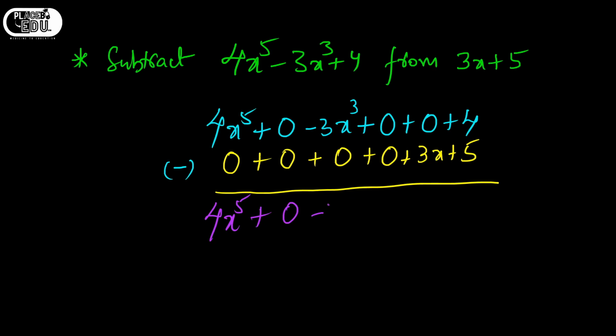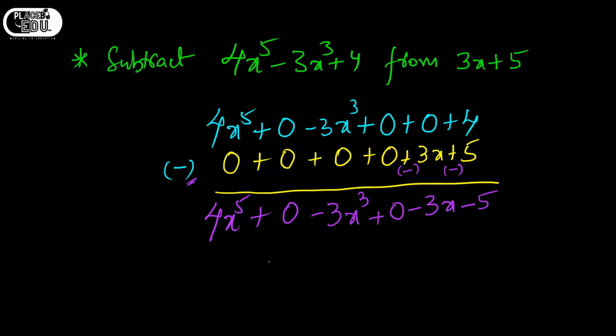Plus 0 plus 0, plus or minus is not a problem. 0 minus 3x, because here it is minus, it should be multiplied, so it is minus 3x, and plus it also should be changed into minus, so minus 5.